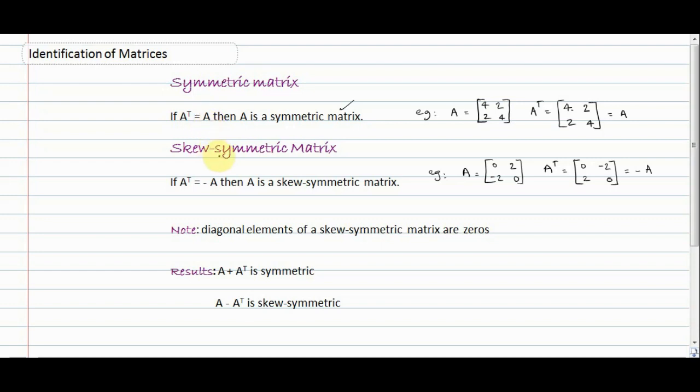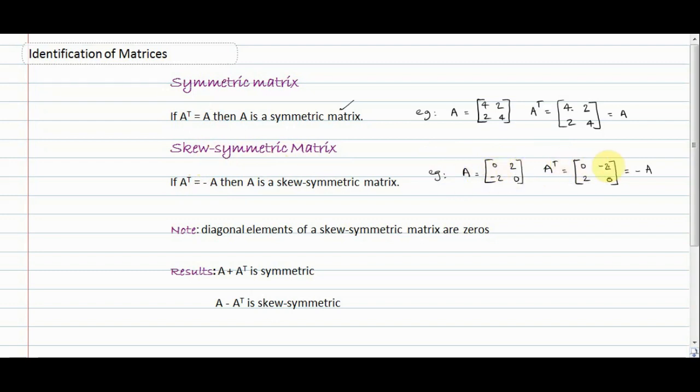Okay, now what about a skew symmetric matrix? A skew symmetric matrix is a matrix in which A transpose is equal to minus A. So let's see an example. Suppose our A is equal to 0, 2, minus 2, 0. When you calculate the transpose of A, we will get 0, minus 2, 2, 0. The first row is taken from the first column of the actual matrix, so 0, minus 2.